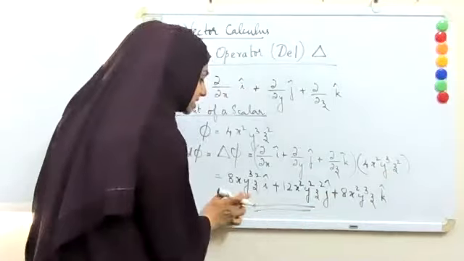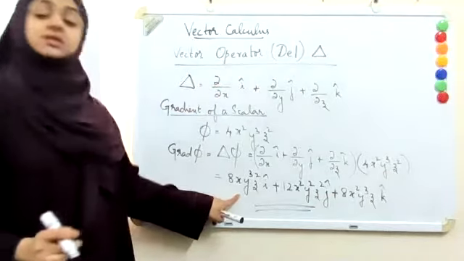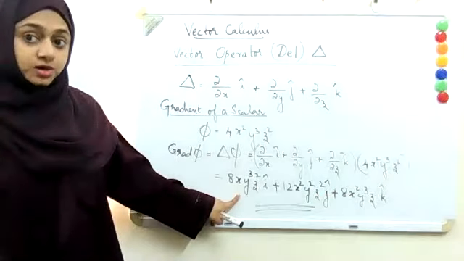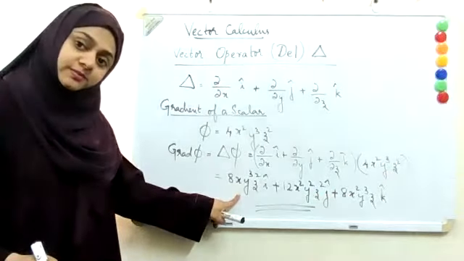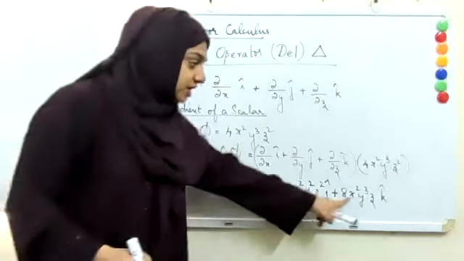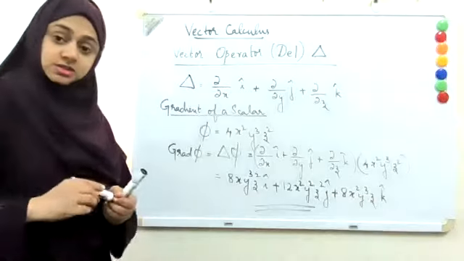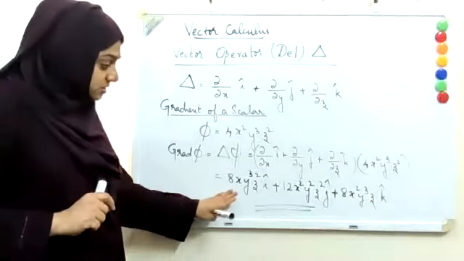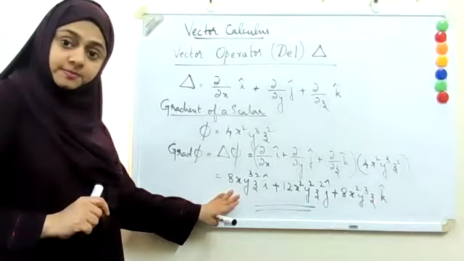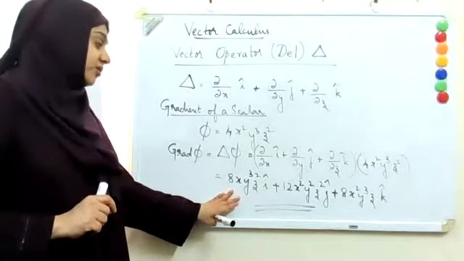My question is, is this a vector or a scalar? Is this a vector quantity or a scalar quantity? There are i, j, k unit vectors showing direction. Vector. This is a vector quantity.